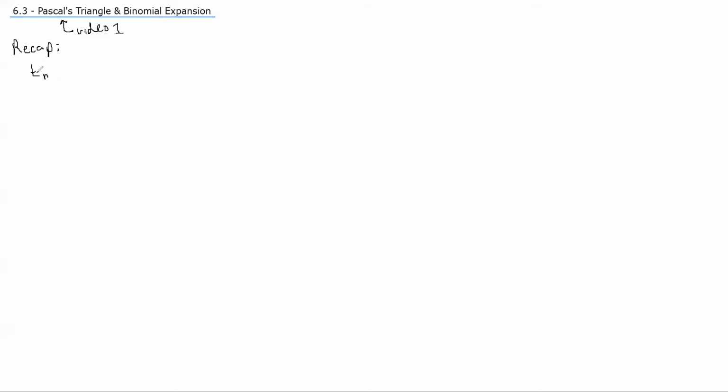Where n would be the number in the sequence, or the order, rather. What I mean by that would be, for example, if I say T1, that would be the first number, or the first term in the sequence, whatever that sequence might be. Okay. Hope that's not something surprising.